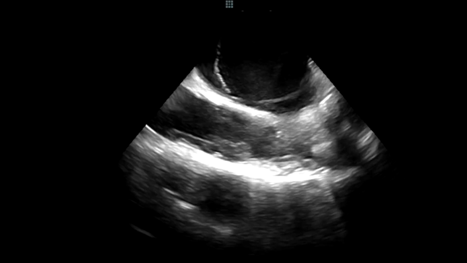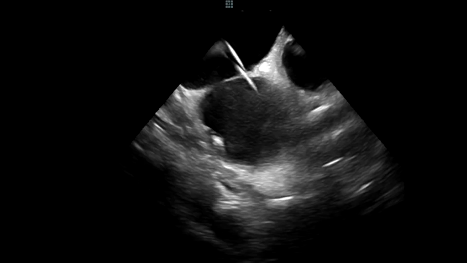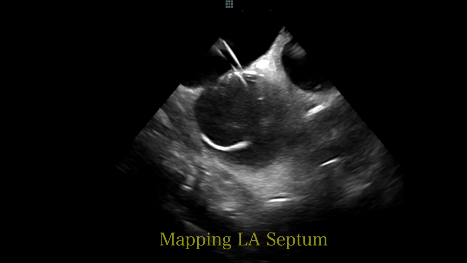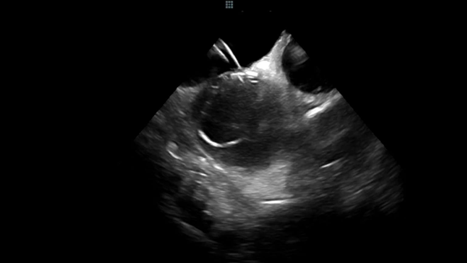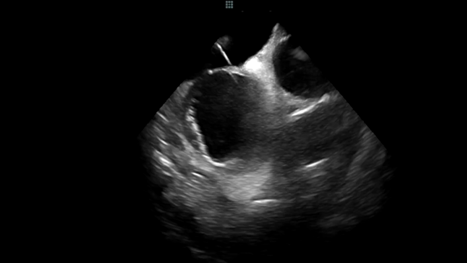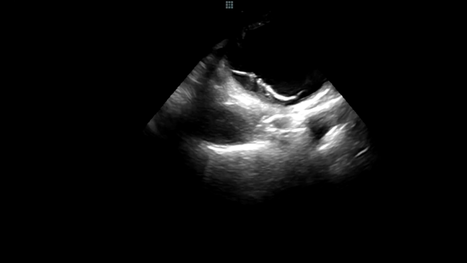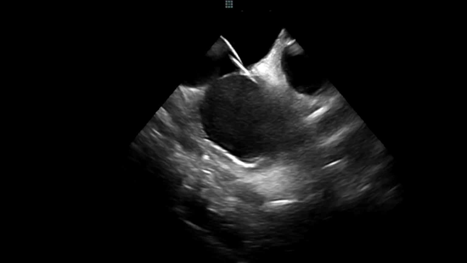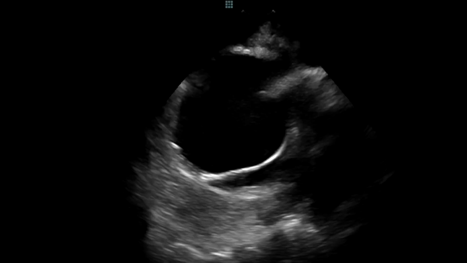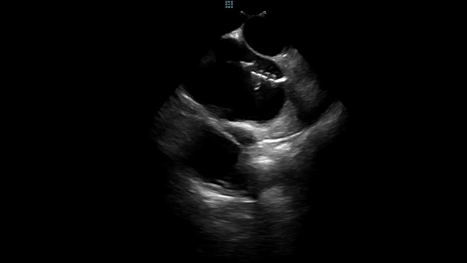We are still on the posterior wall, and you can see the left pulmonary veins to the right. Here we are performing a U-curve and pulling the grid back. Now we are mapping the septum, and like a paintbrush, we are releasing the curve and pulling back the grid to do the entire area of the septum and posterior wall.